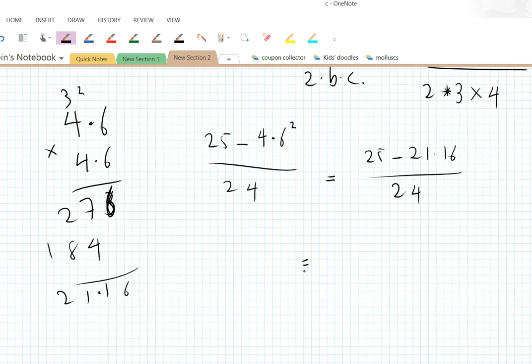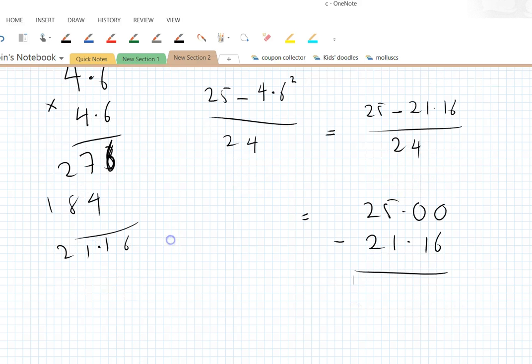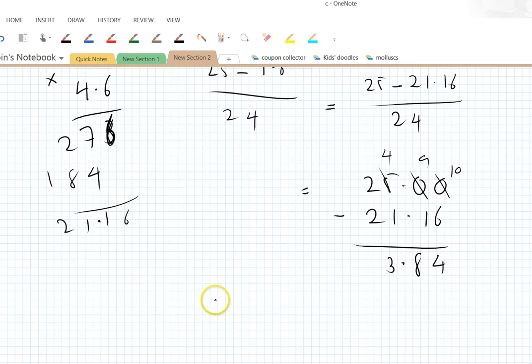what? Well, it's 25.00, take away 21.16 to work out the thing on the top. That gets to 10, that goes to 9, that's 4, 4, 8, 3, and there's a 0, so it's 3.84. Equals 3.84 divided by 24.